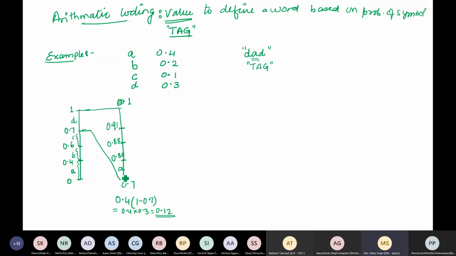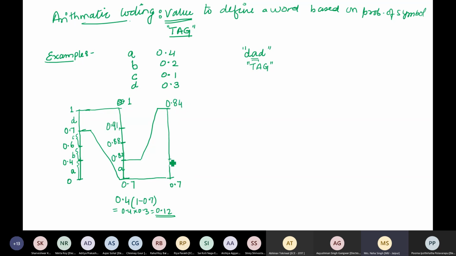So the second symbol is A. So I now know that not only should the value lie between 0.7 and 1, but since A is being transmitted, the value should be more precisely between 0.7 and 0.82. So for the third symbol, I spread this range again so that it begins at 0.7 and ends at 0.82.